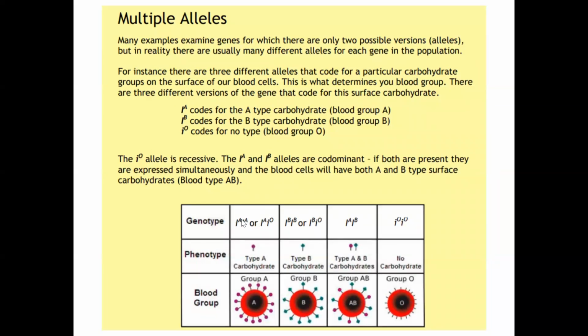The A carbohydrate genotype can either be AA or a mixture of A and O. Type B is BB, or it can have 1 B and 1 O. Then AB is both of those, and O is nothing, which is the recessive.